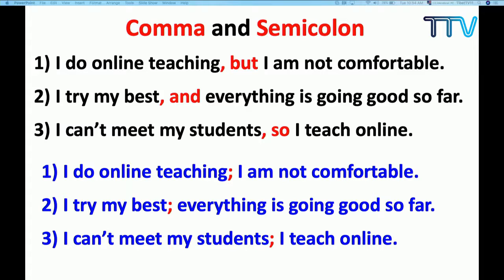In this sentence you will not see the connectors and, but, so. In place of the connector, I've used just a semicolon. Whenever we use a semicolon, make sure that you have complete sentences. I do online teaching is a complete sentence. I am not comfortable is again a complete sentence. So you use the semicolon.